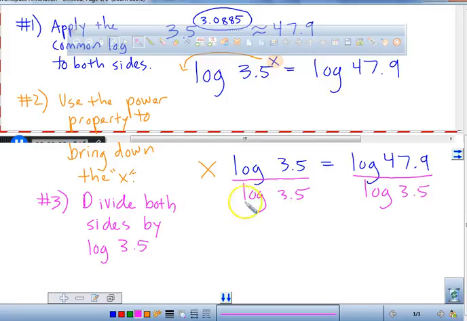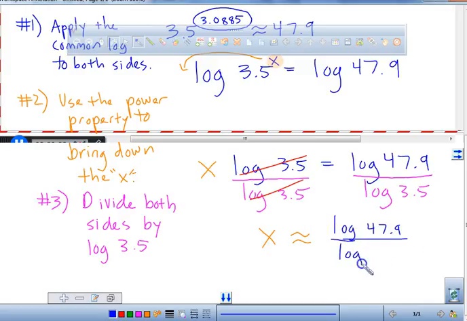And by doing this, these will cancel out to a 1, and you're left with the value of x that you're searching for. x will be approximately equal, if we round to the 4th decimal place, to the log of 47.9 divided by the log of 3.5. I put approximate because we have to round to the 4th decimal place.